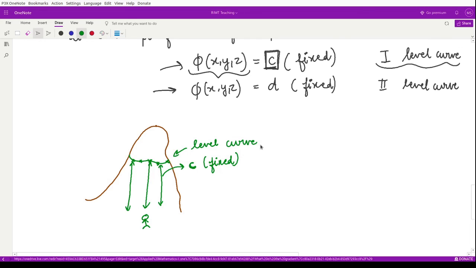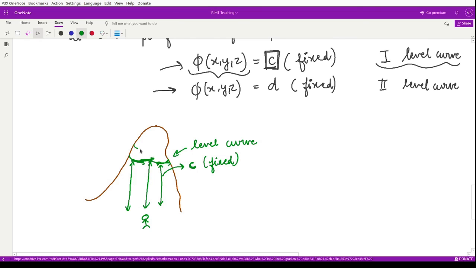So the significance of this level curve to you is that if you move on this particular curve, you are going to remain at the same height. If you are moving in the tangential direction of this curve, your height will remain the same.